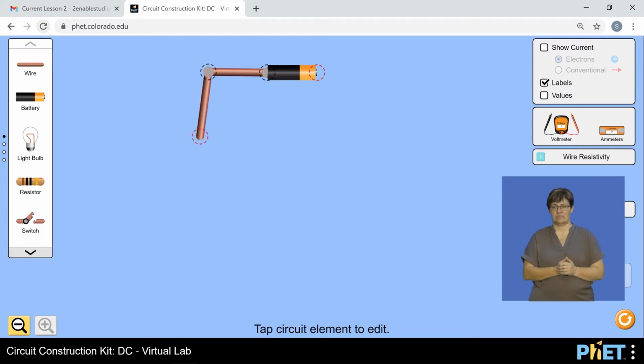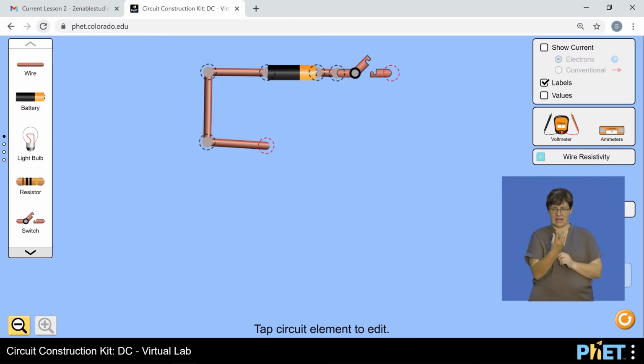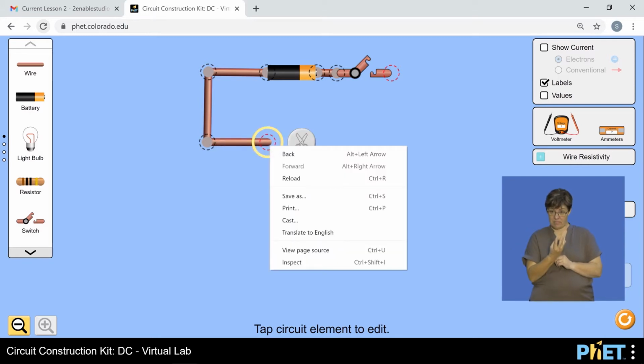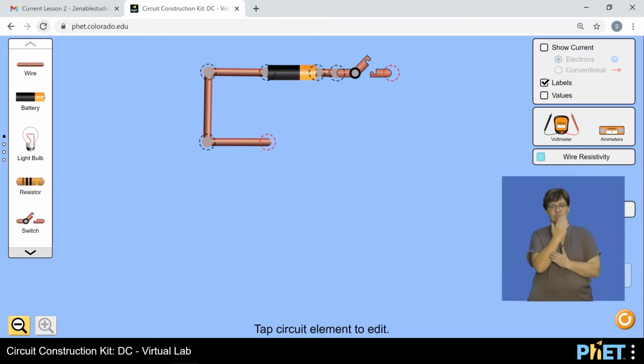We can also have a switch so that we can break and complete the circuit whichever way we want. And then we can have a light bulb just to show us how much current passes through that battery as well as through the external circuit. So I'll have the light bulb there, and then the connecting wires.